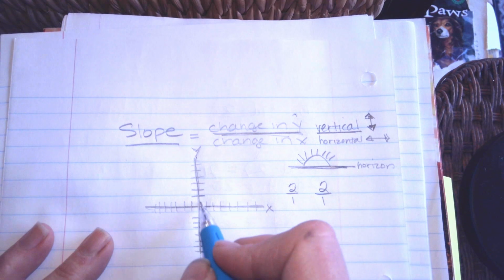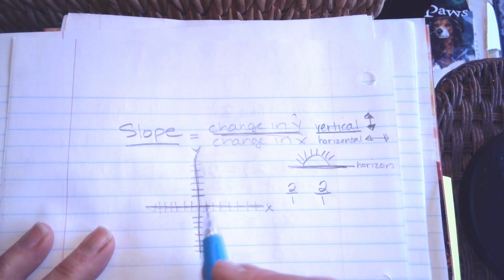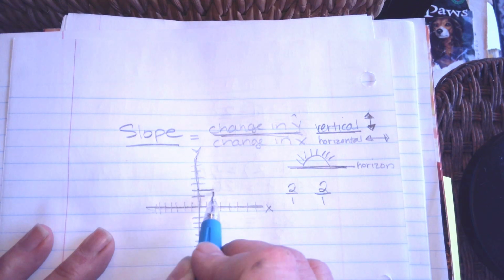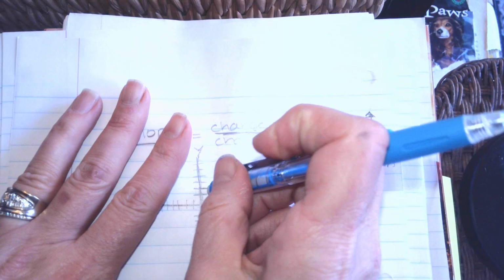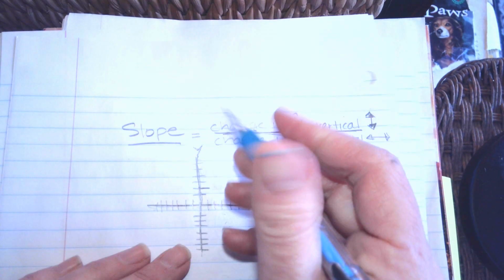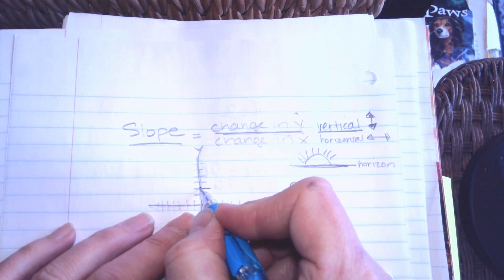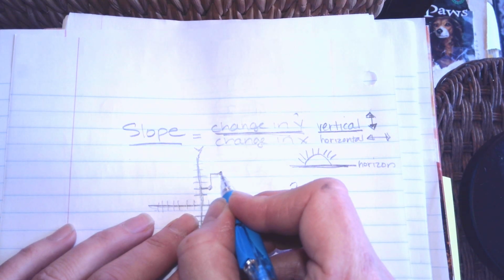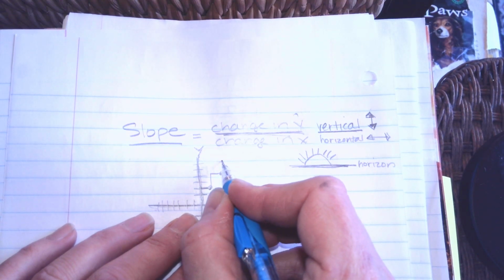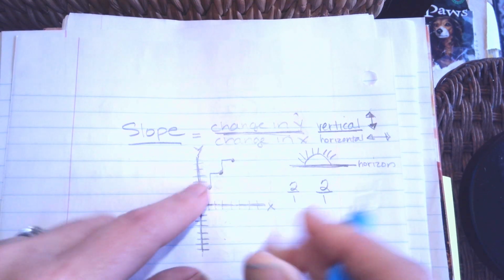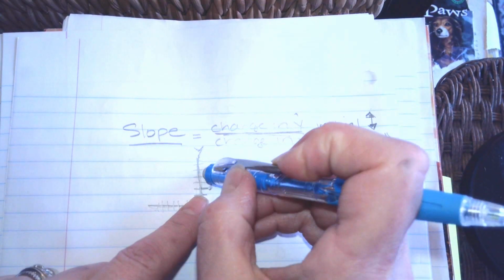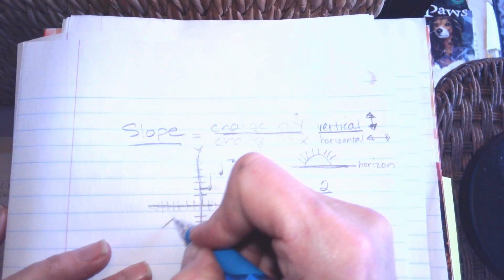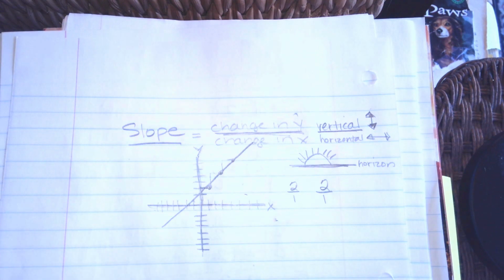That means the up and down goes up 2 and over 1. Up 2, over 1. You don't actually make these, I was just showing you. So you don't make these little staircases. It's just showing you what the line is going to be. So that's the slope of the line.